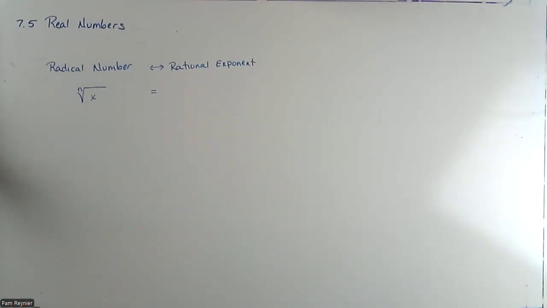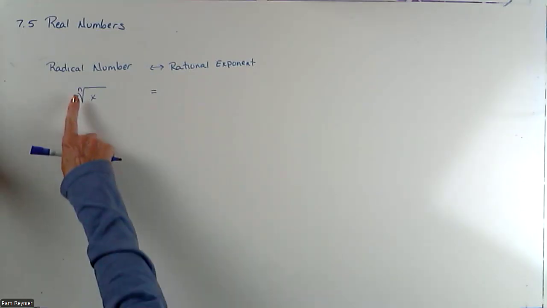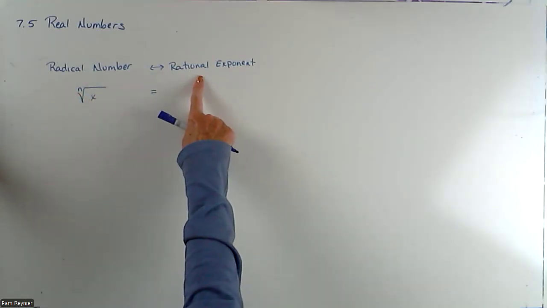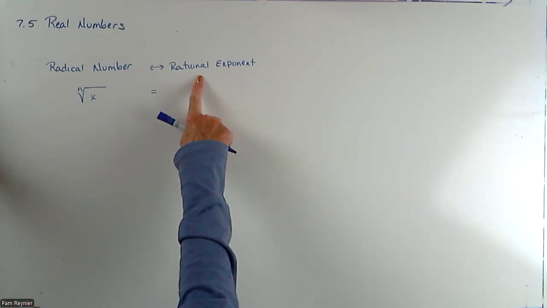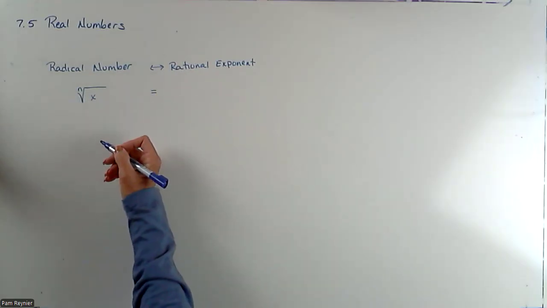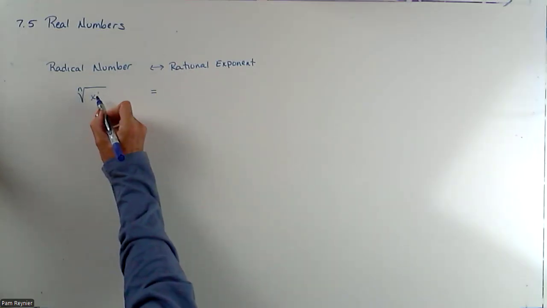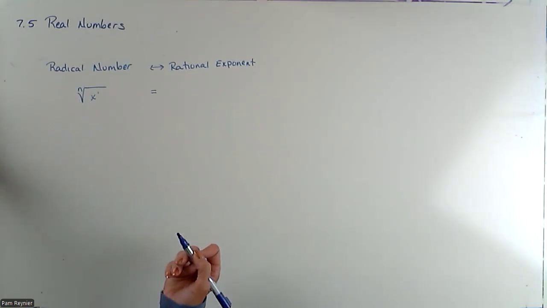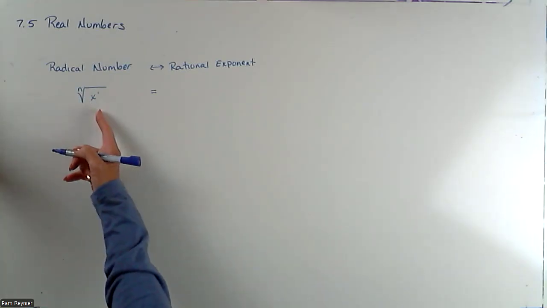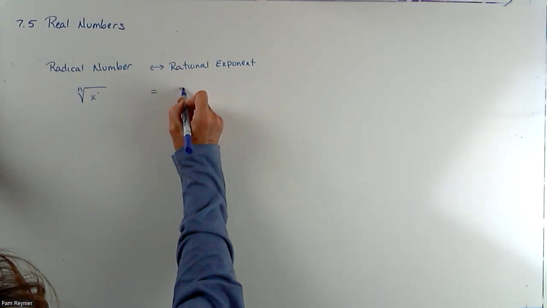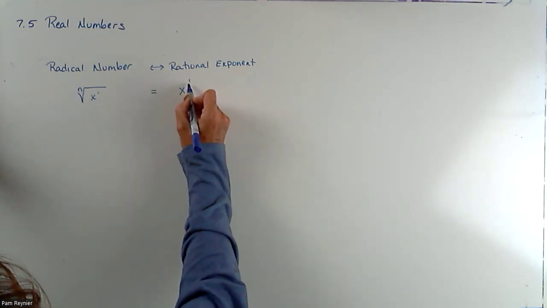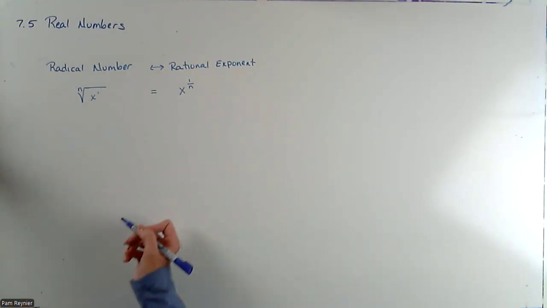Whatever the index number is becomes the denominator of our fraction. Whatever the power is, in this case x to the first, becomes our numerator. So the nth root of x to the first is the same as x raised to the first over the index number, x to the 1 over n.